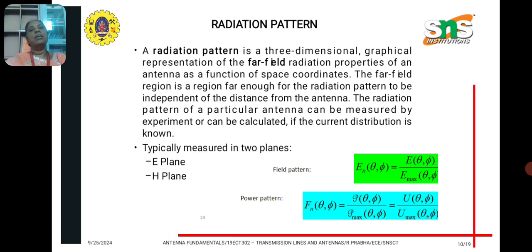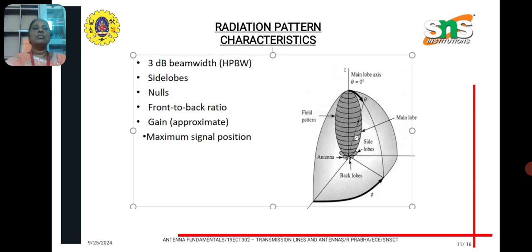And typically there are two planes in antenna radiation pattern measurements. One is the E plane and the other is the H plane. And the diagram represents the radiation pattern characteristics. So it has 3 dB beam width, side lobes, nulls, front to back ratio, gain, and maximum signal position.